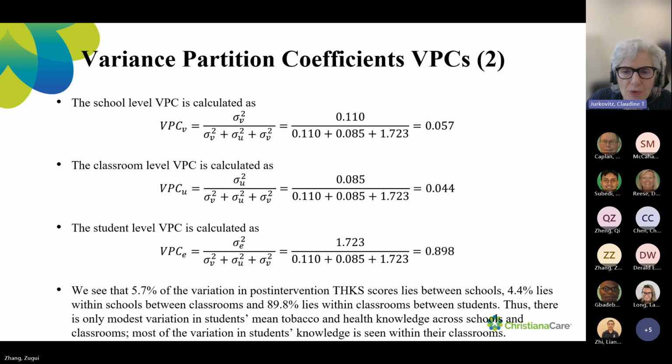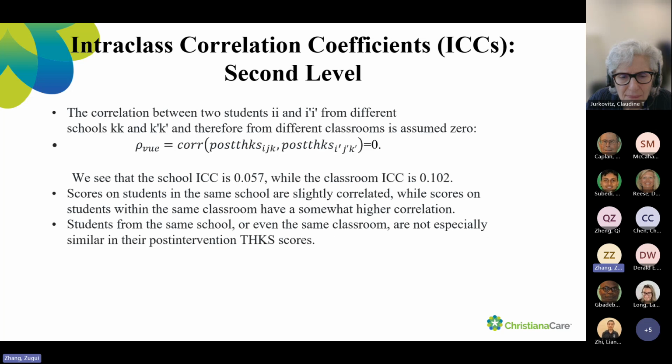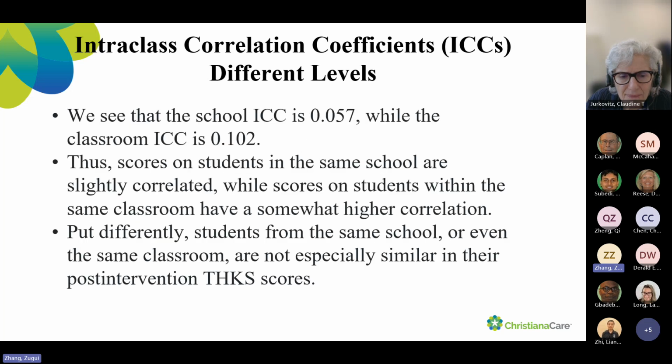But when you want to do your analysis, do you present the ICC or the VPC? I guess they are not measuring the same thing. Okay, there are some differences. Let me explain to you. For the ICC for the school, we will not consider classroom, which means the ICC already included the variation among classrooms.